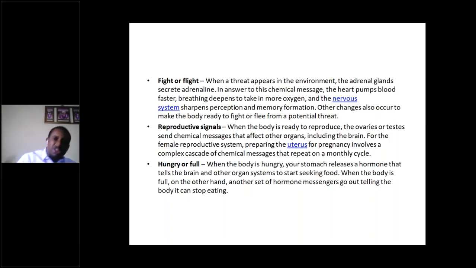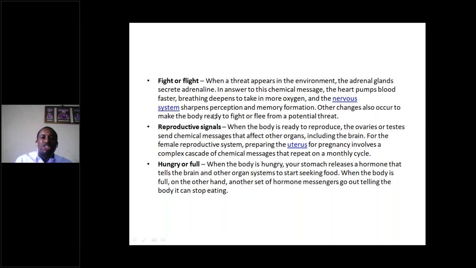So when that message is released, the heart pumps faster, the breathing deepens to take in more oxygen. Why more oxygen? Because as you take in more oxygen, there's more available oxygen to the cells. The cells will work faster and break down more food molecules and generate more energy to fight or to flee, depending on the scenario.